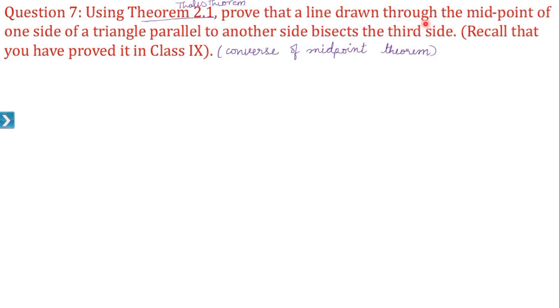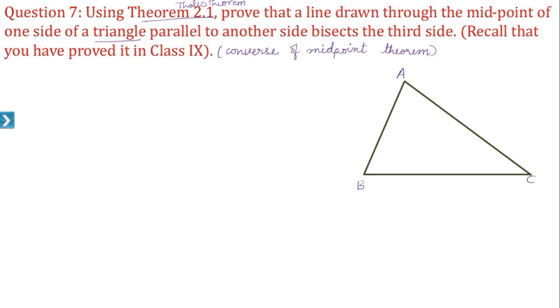See here, a line drawn through the midpoint of one side of a triangle. First we have to draw a triangle. Now draw a triangle. Name it as triangle ABC. Now ABC is a triangle.